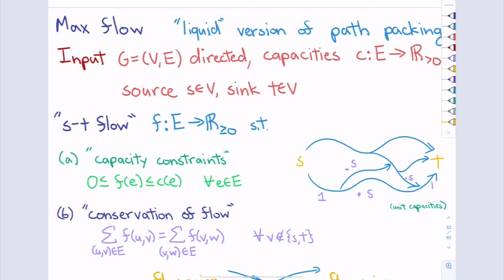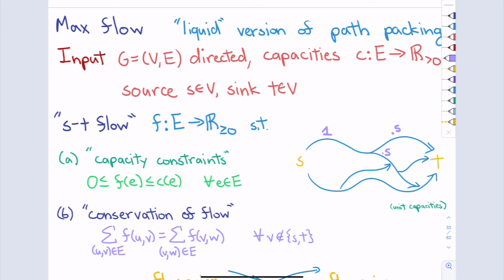So let's say that this is a graph where everything has a unit capacity, and every time there's some kind of branch point in the edges, that's a node. I can send, say, 1 unit of flow along this first edge. And I'm allowed to split the flow, so maybe I'll send 0.5 along the top, 0.5 down below.